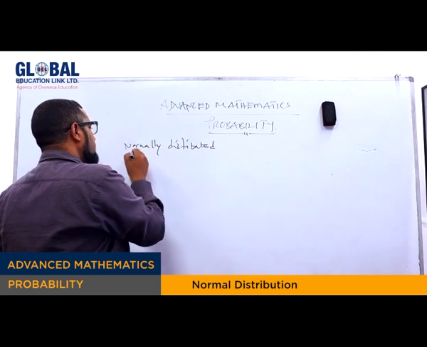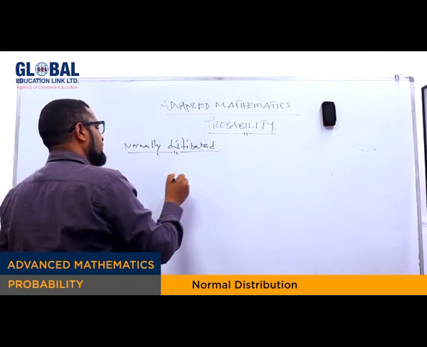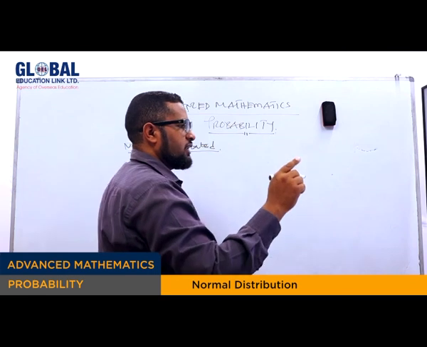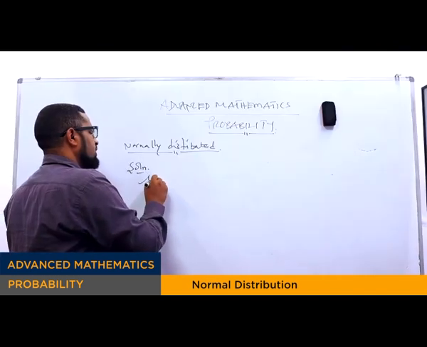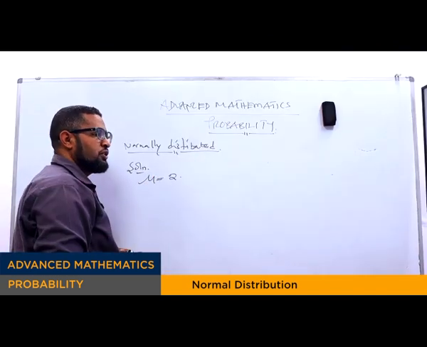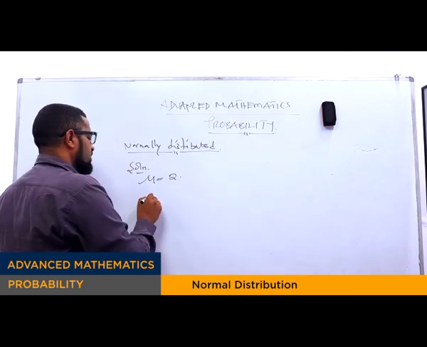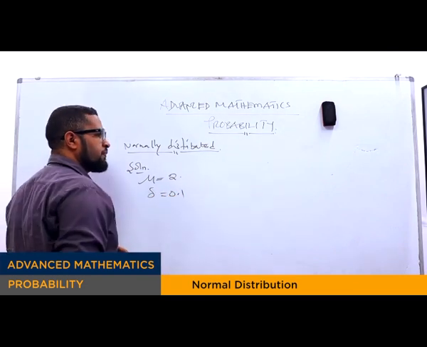When you say normally distributed, it means the mean of that data, the mode, and the median are always equal. We are given the mean, so let's take the solution part. Mean equal to 2, and you are given a standard deviation of 0.1.